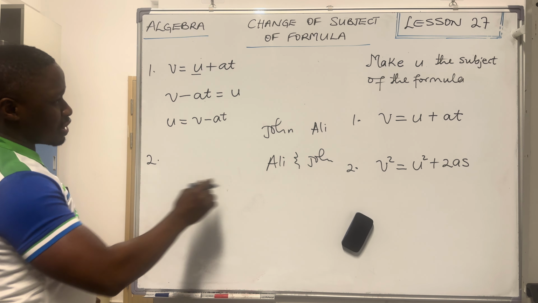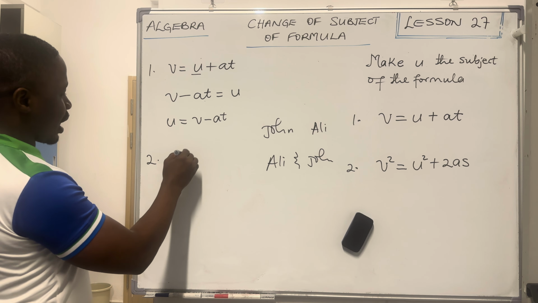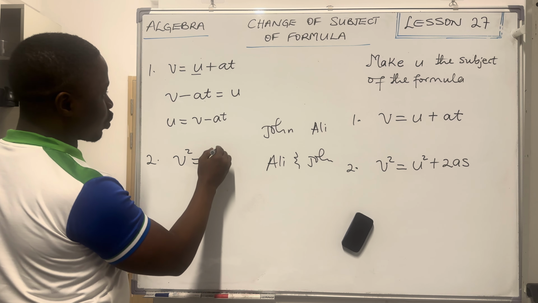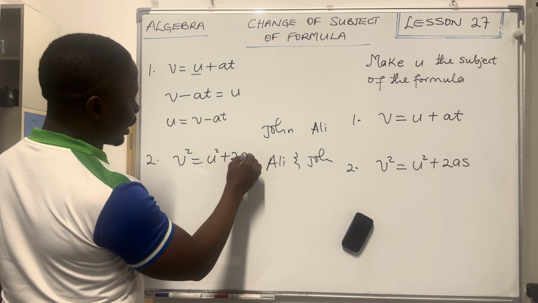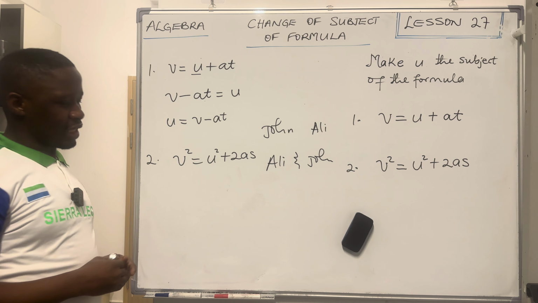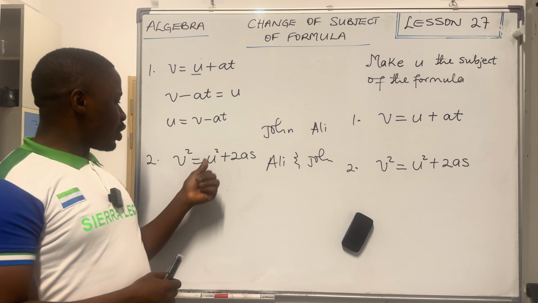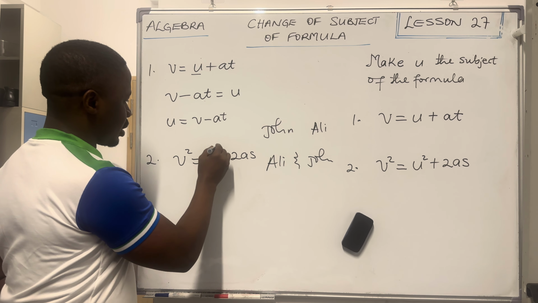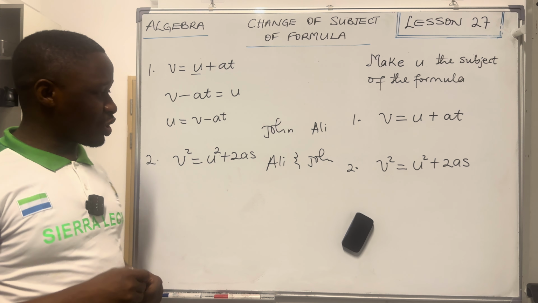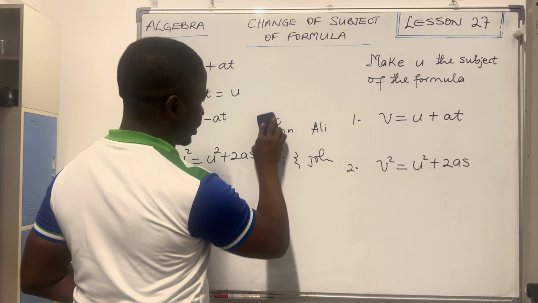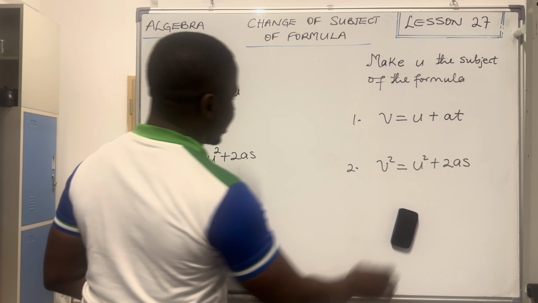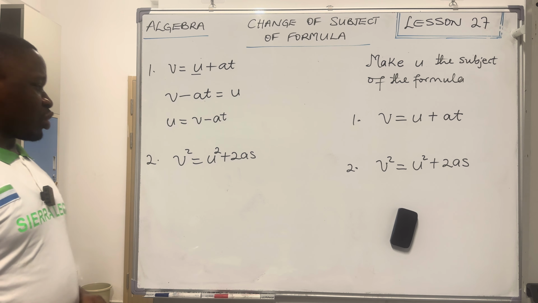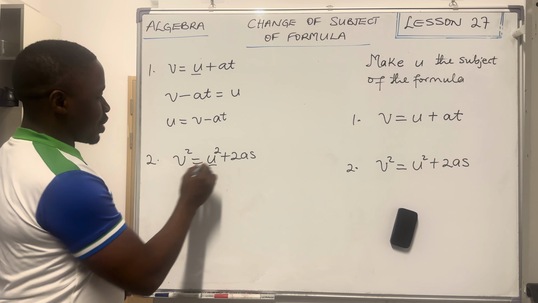So the second one says V squared equal to U squared plus 2AS. So we want to make U the subject. Look at U here that we want to make the subject.